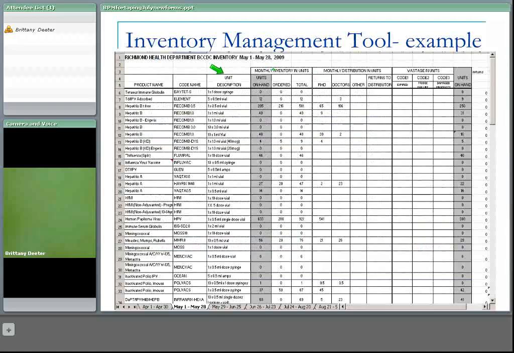The difference you can see is that we're all hopefully going to be moving to doses because that's much more clear than units. Though in this particular sheet, they've done a great job of adding what is a unit right here. All right, next slide.